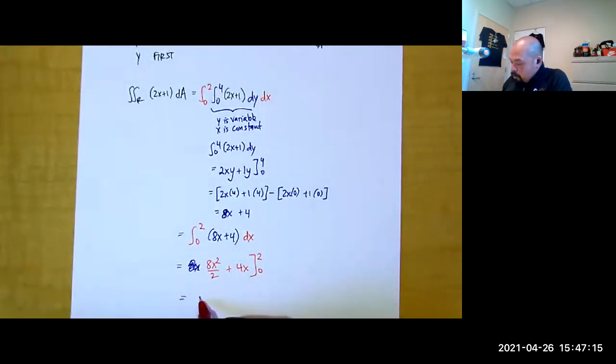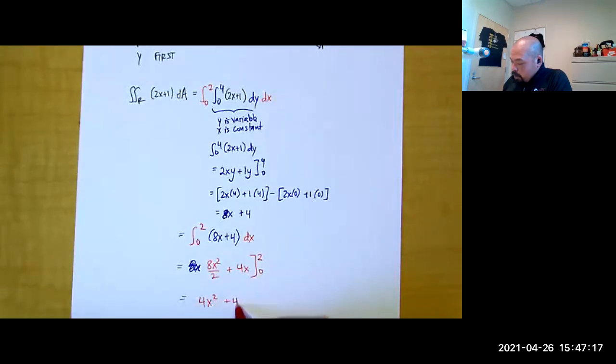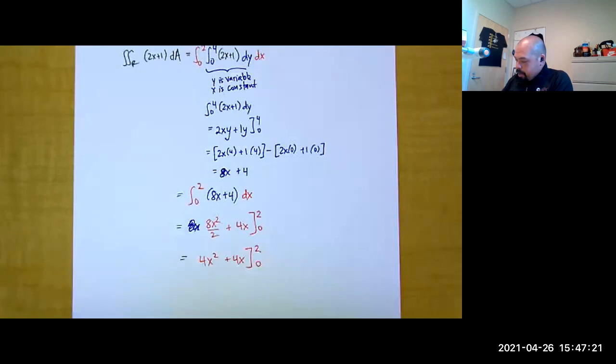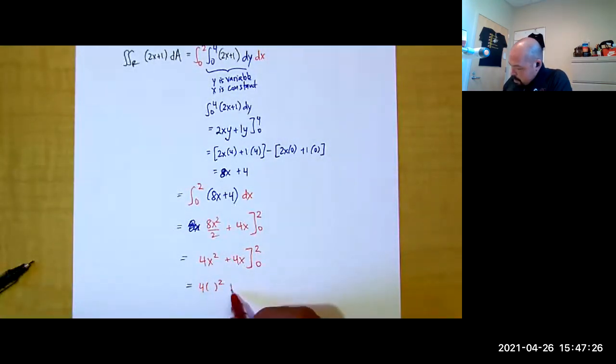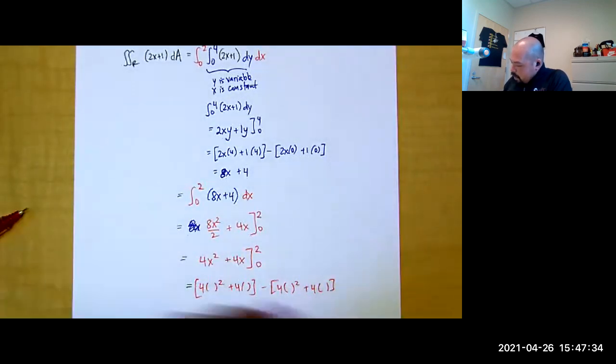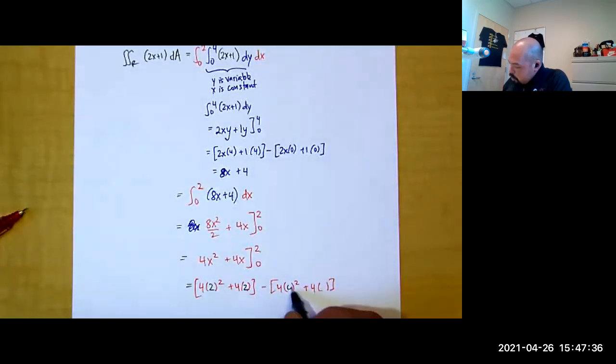Doing that power rule, 4x squared, there we go, plus 4x. You've got 2 and 0. Computing here, plugging in the 2's and 0's.